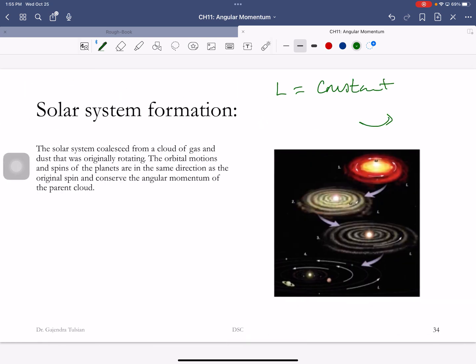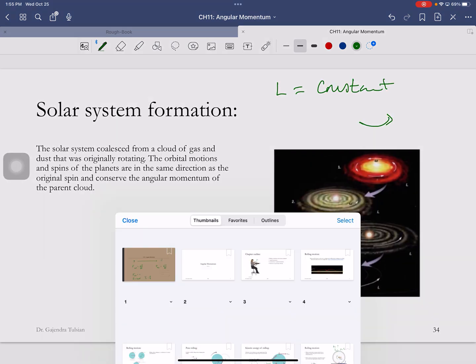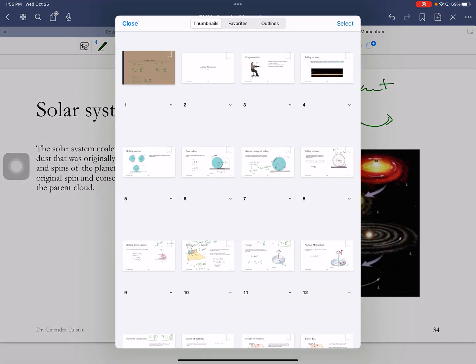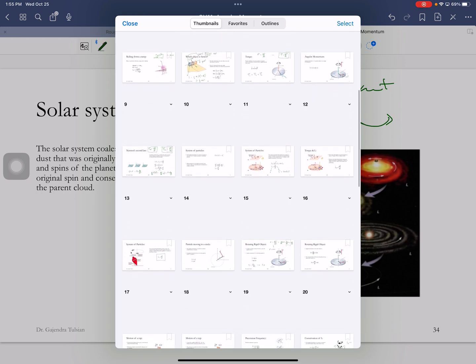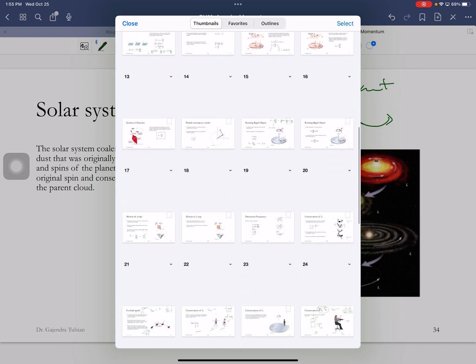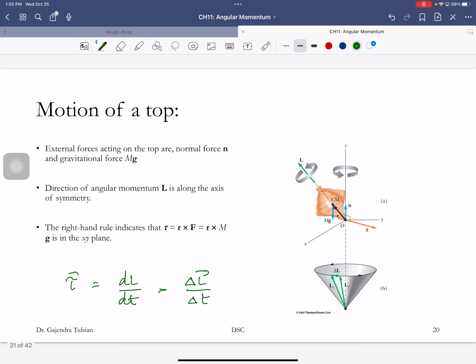All right, you guys saw this. The force of Earth's gravity is trying to topple this top, and the effect is that the top precesses. If you have a torque acting on a spinning object, the object will precess.